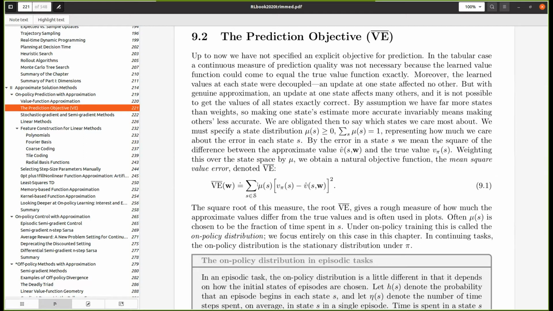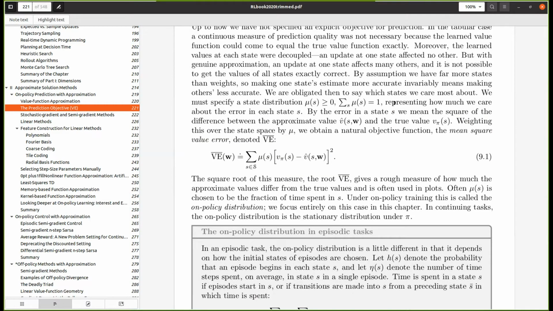And also we have this mu here, which represents the state distribution. As any distribution, it should sum to 1. Here it's very general. It represents how much we care about the error in each state S.